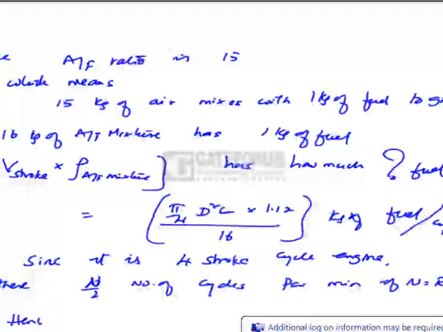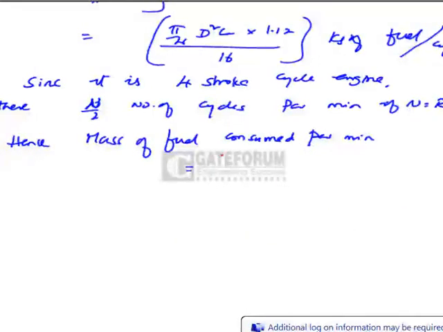Hence, mass of fuel consumed per minute is equal to pi by 4 d square L into 1.12 divided by 16.